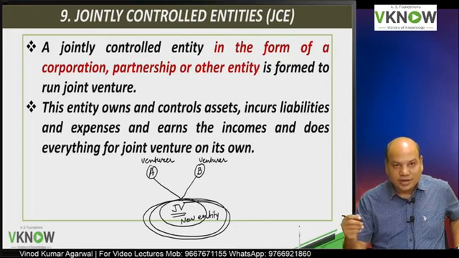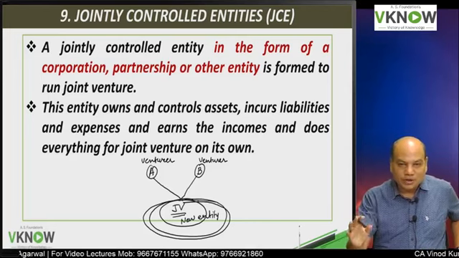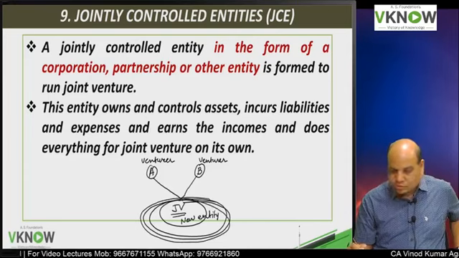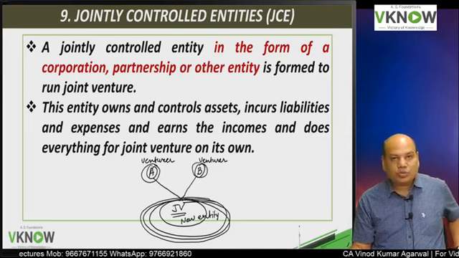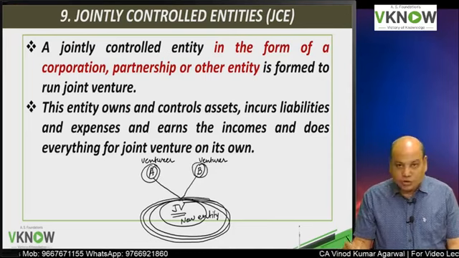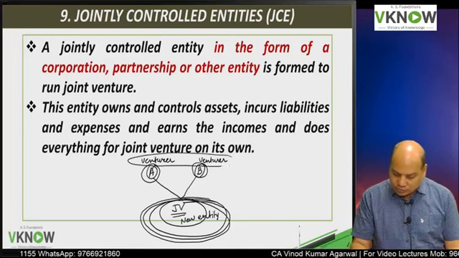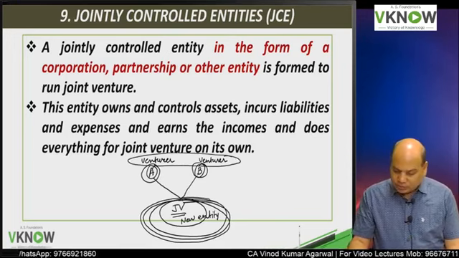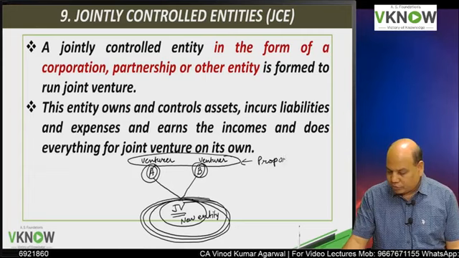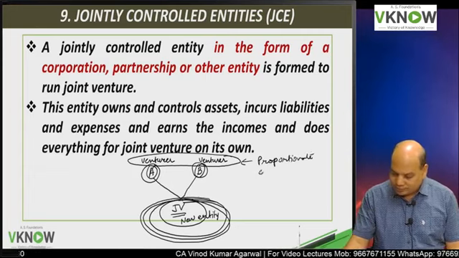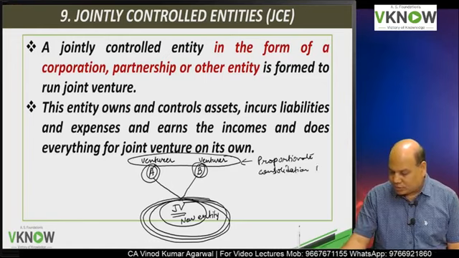It will be registered either as a limited company or as a partnership or as an LLP or a private limited company, but it will have its own separate legal existence, and it is jointly controlled by two or more venturers. If a new separate legal entity is created, then it is called jointly controlled entity, and these two venturers will follow proportionate consolidation method.